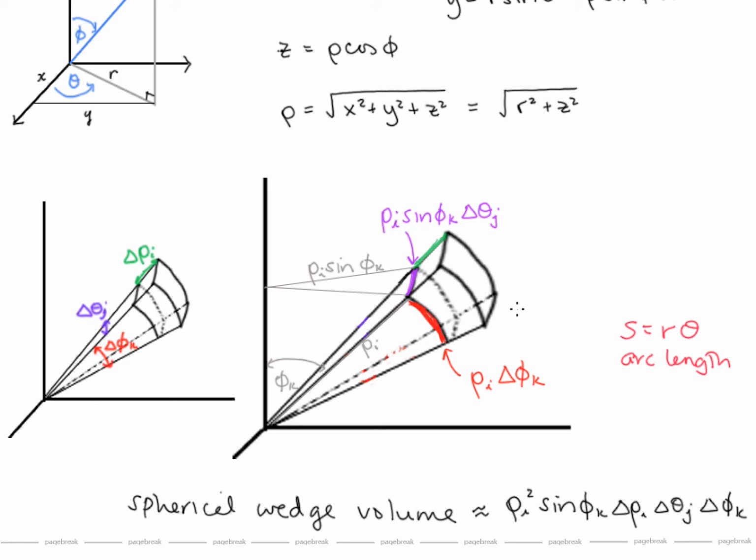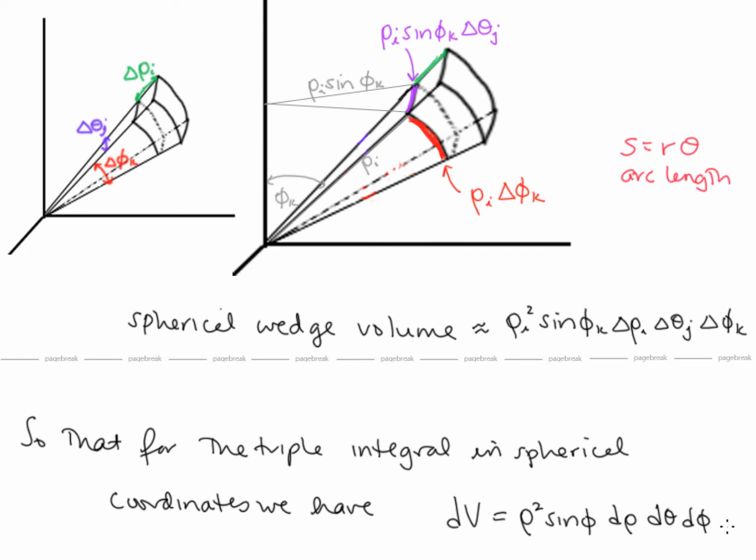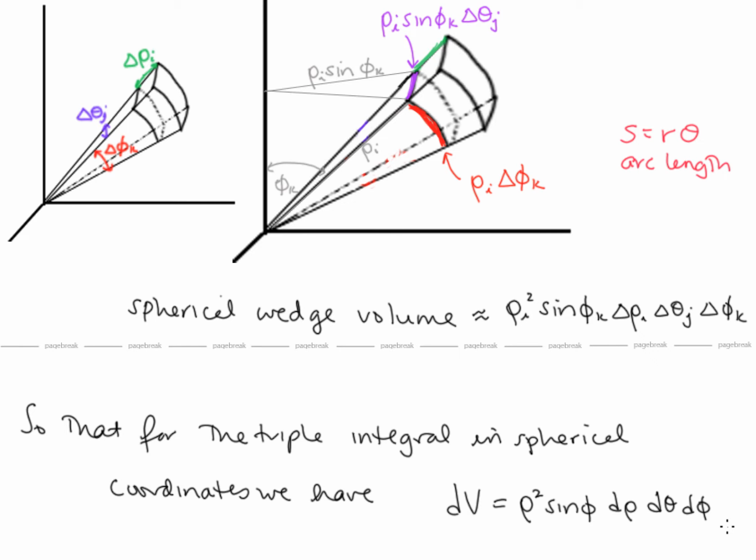So approximating this volume as if it was a rectangular box, we would multiply the dimensions of these sides, and we get rho i squared sine phi k delta rho i delta theta j delta phi k. And so for our triple integral in spherical coordinates, our dV, our volume element, becomes rho squared sine phi d rho d theta d phi.